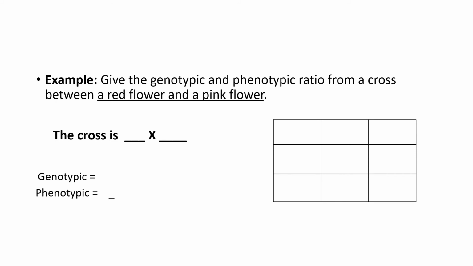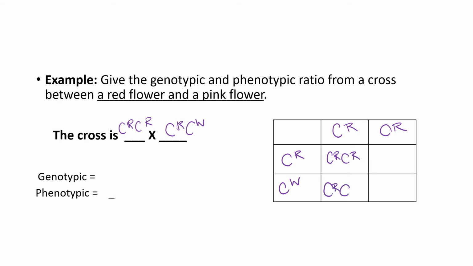Example: give the genotypic and phenotypic ratio from a cross between a red flower and a pink flower. In this case, our red flower is CR CR, and our pink flower is CR CW. So split those up.